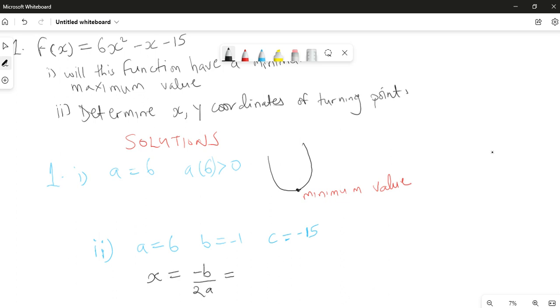So b is negative 1, so we have negative 1 as our numerator over 2 times 6.